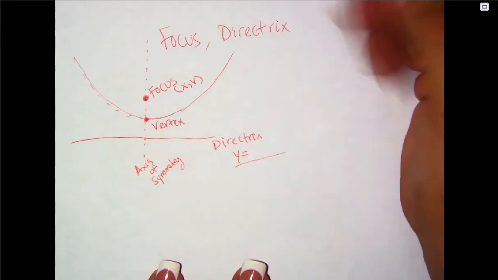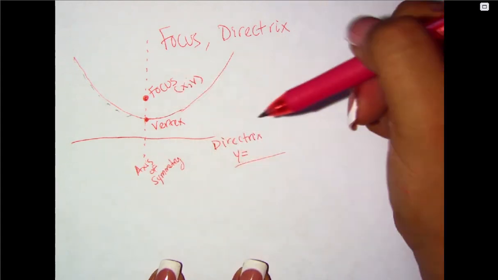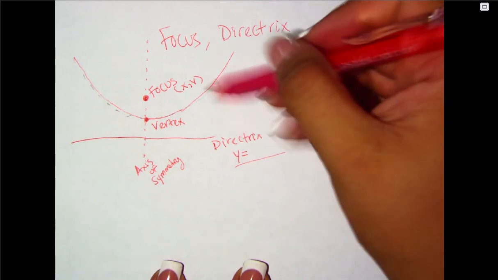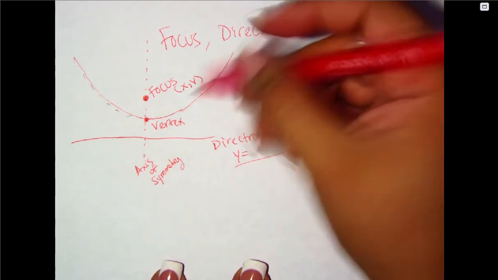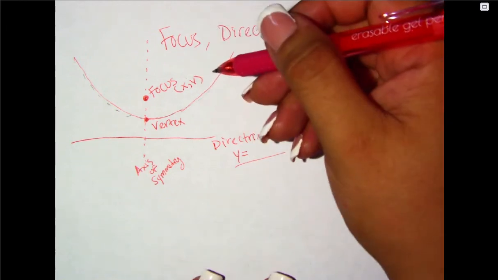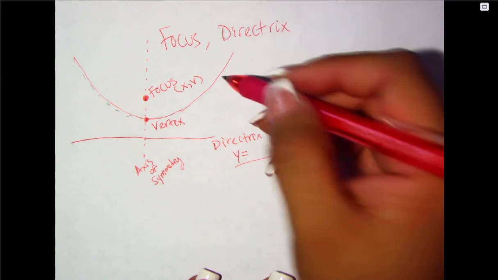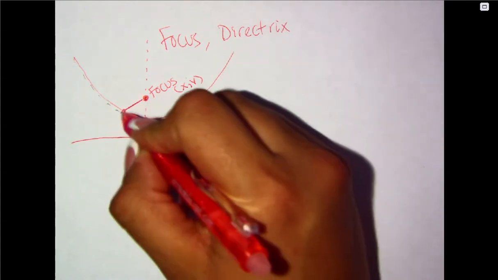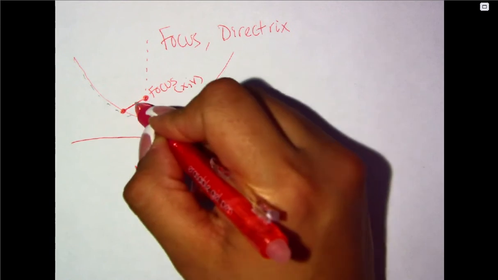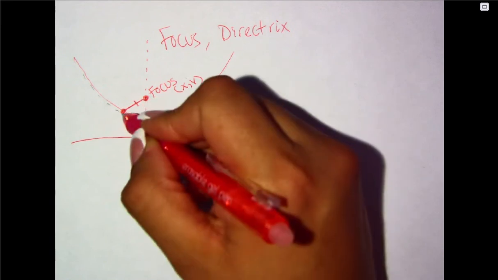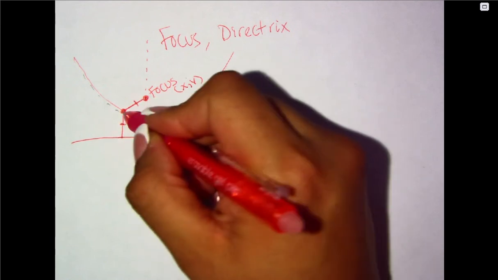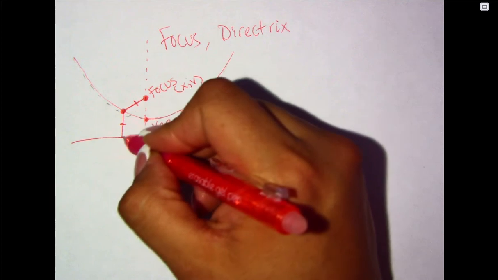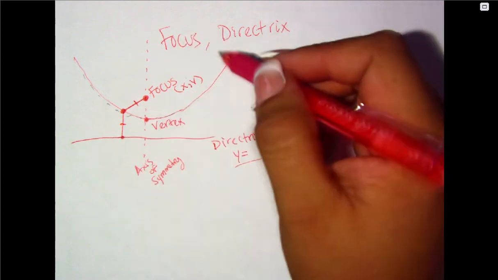What is new is your focus and directrix. We're going to talk about the relationship they have with each other, which I mentioned through examples, and I even showed you a video. Pretty much, whatever distance any point on the parabola is from the focus, that is the same distance from that point on the parabola to the directrix, anywhere on the parabola.